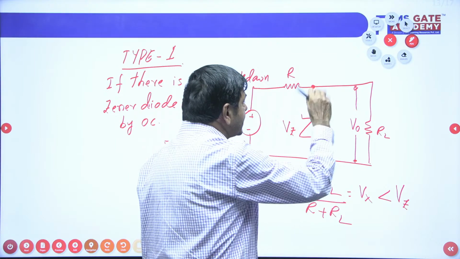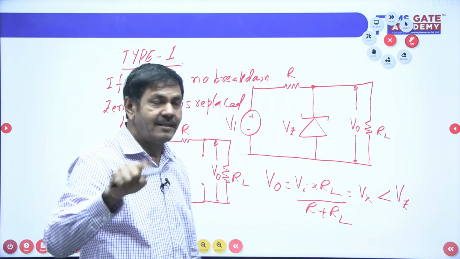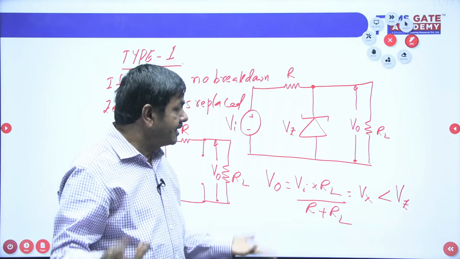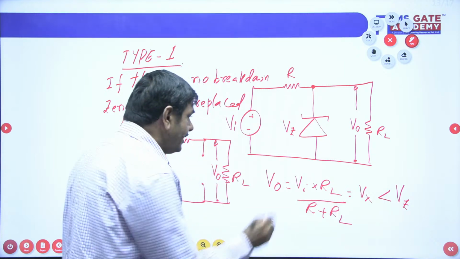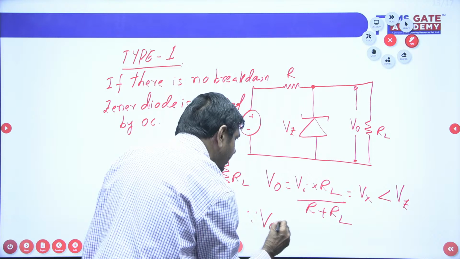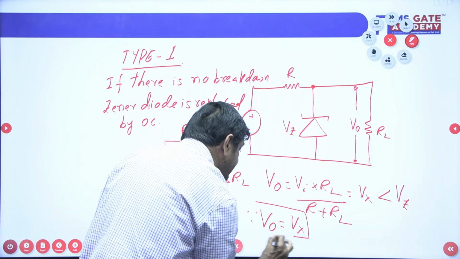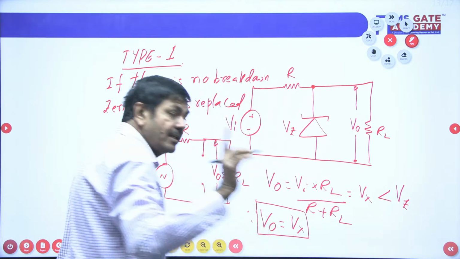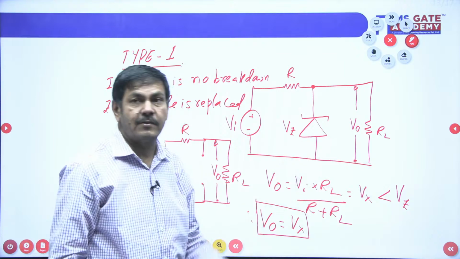At 4 volts, there is no breakdown. Our assumption is correct. What assumption? Diode is off. This is correct because V naught is less than the Vz value. Whenever you get less than Vz, you must take V naught equal to Vx only. V naught equal to Vz is not allowed. V naught equal to Vx only is allowed, when V naught is less than Vz.